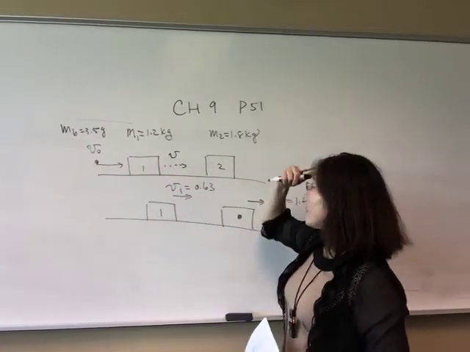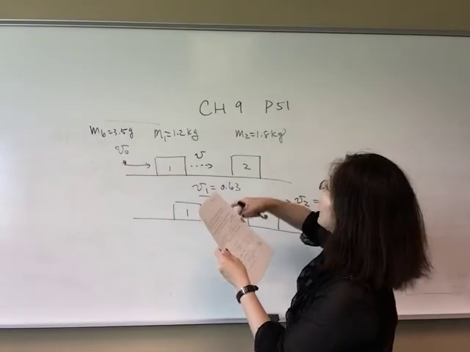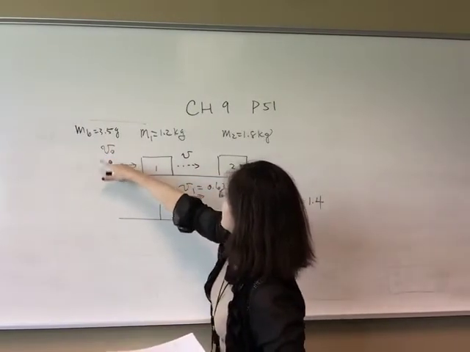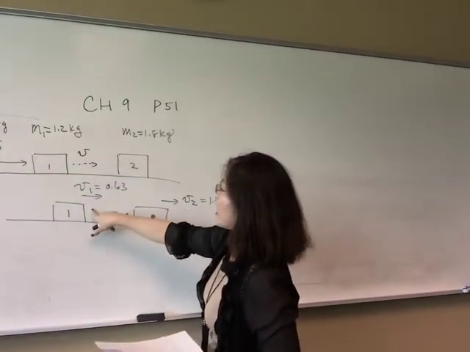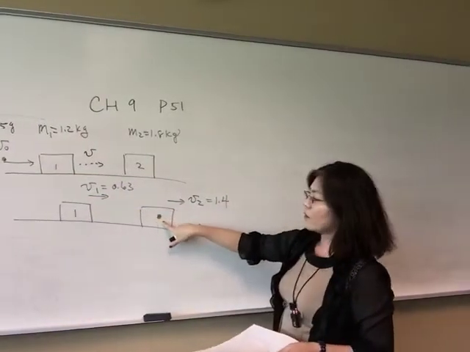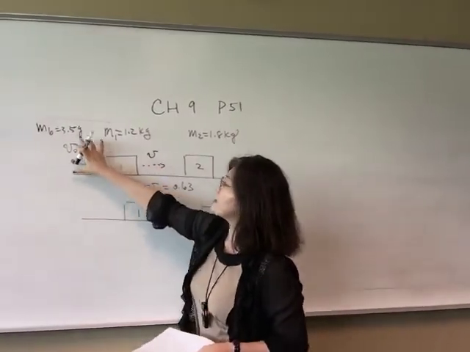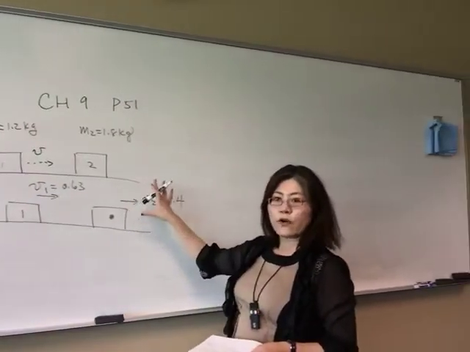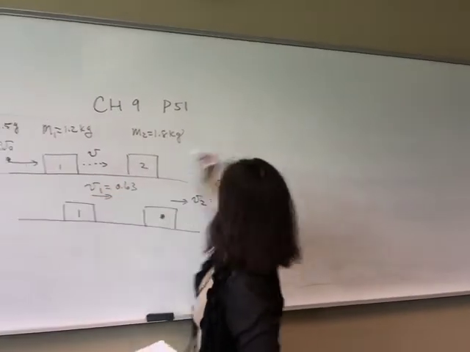The initial momentum and the final momentum have to be equal. This is a linear situation, covering when it passes through block 1 and embeds itself into block 2. So you can just take this as your initial state and this as your final state.